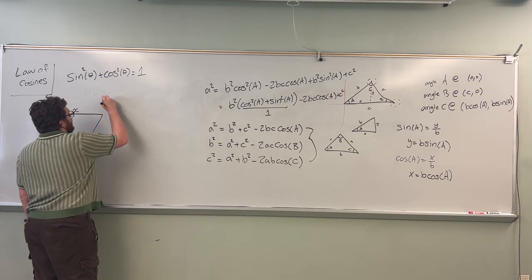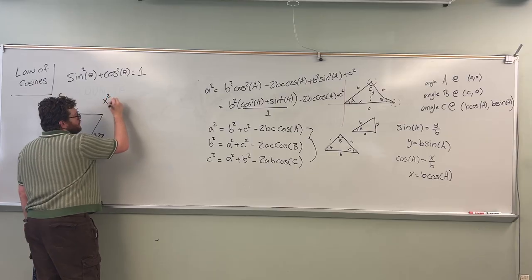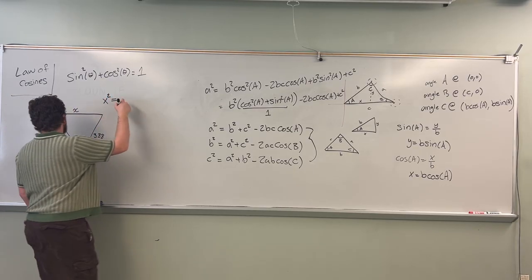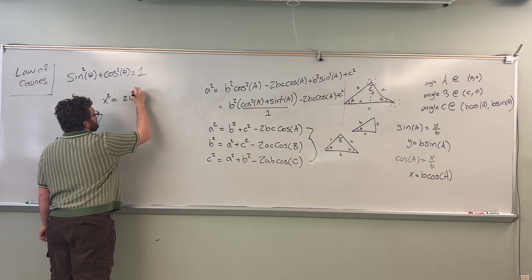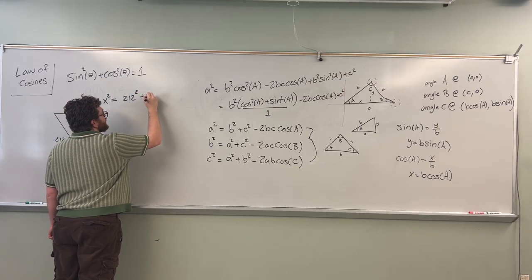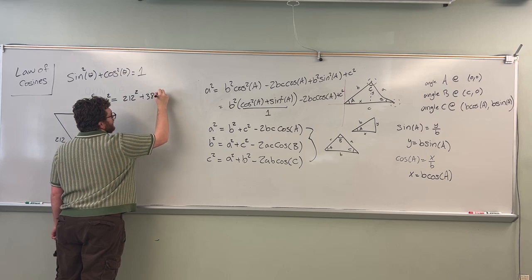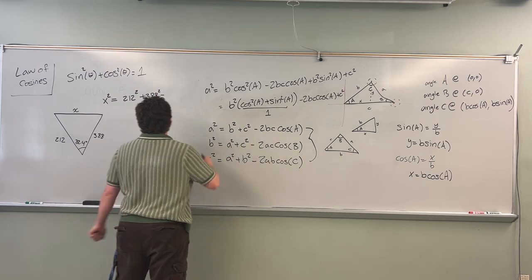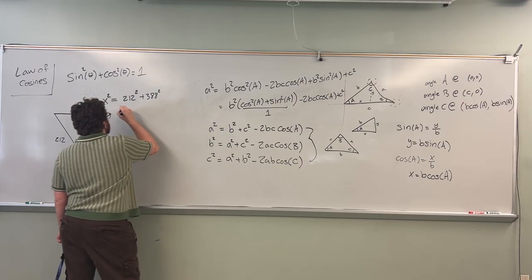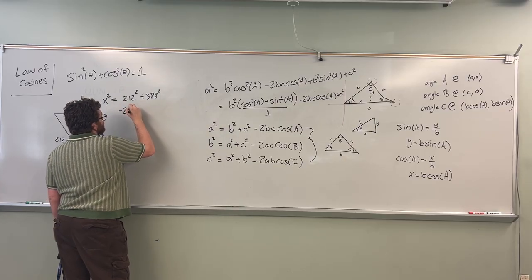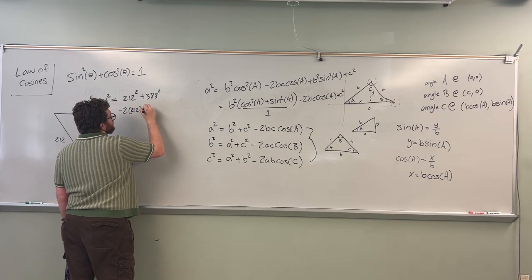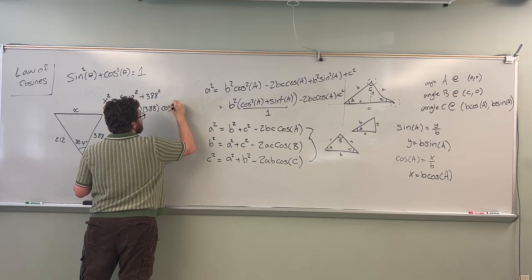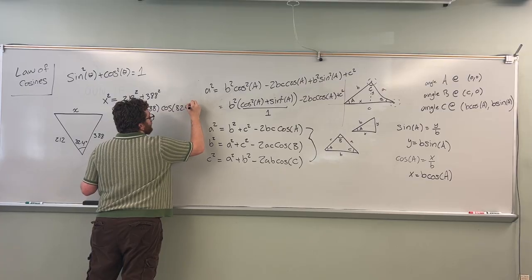So I get x squared equals, I then have my other two sides, so that's 212 squared plus 388 squared minus 2 times the product of those sides, so I'll write that down in the line below, minus 2 times 212 times 388, and then the cosine of the angle between them, which is 82.4 degrees.